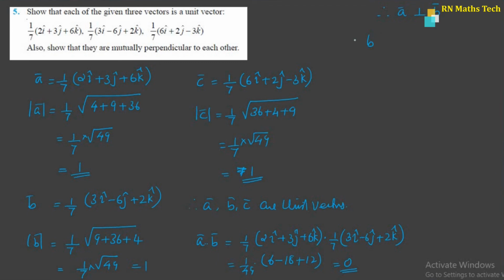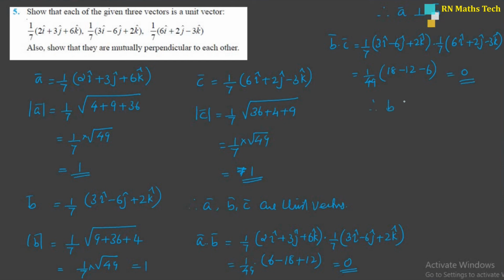Now, what is b dot c? B bar dot c bar equal to 1 by 7 into 3i minus 6j plus 2k dot 1 by 7 into 6i plus 2j minus 3k. So 1 by 49 into 18 minus 12 minus 6, which is also 0.